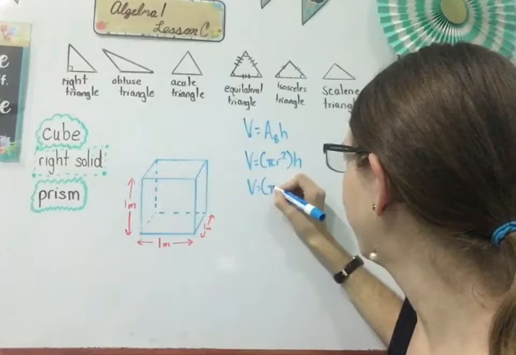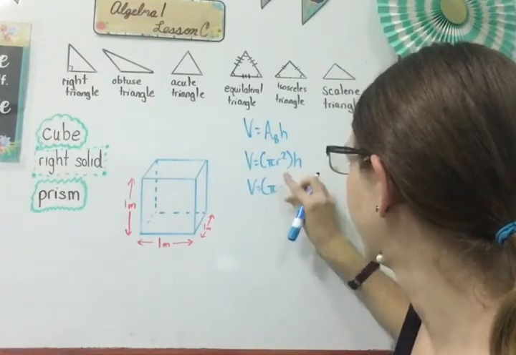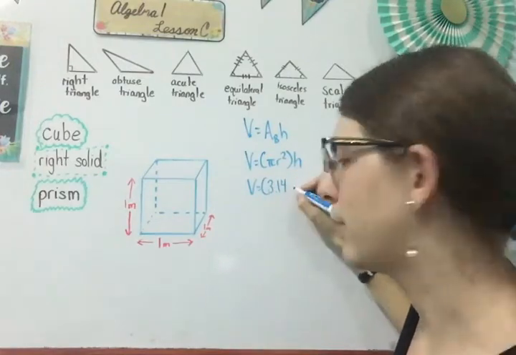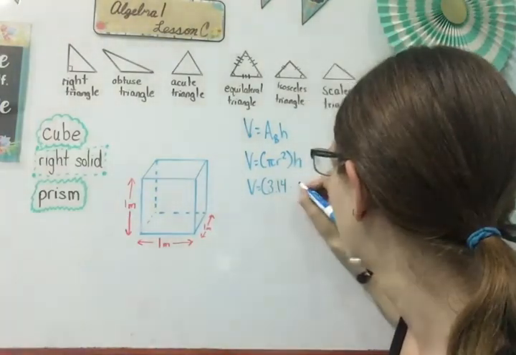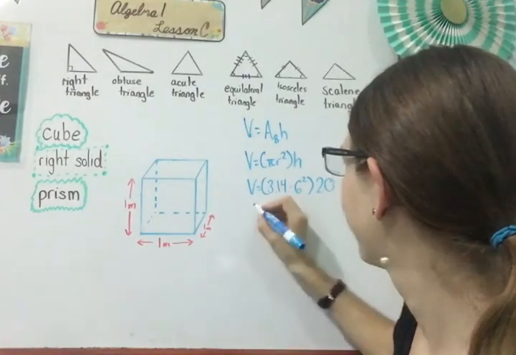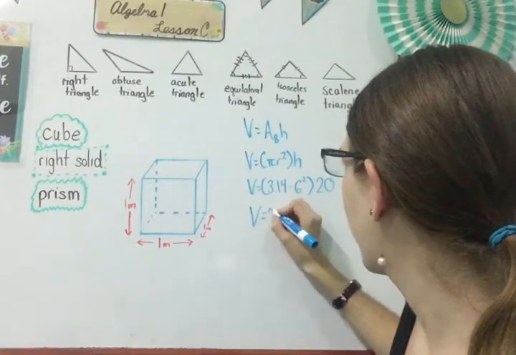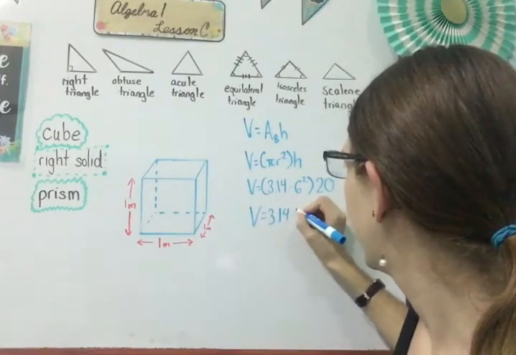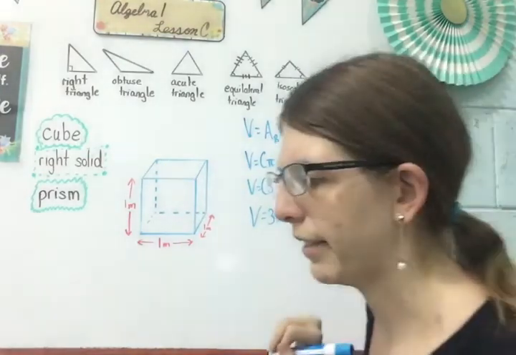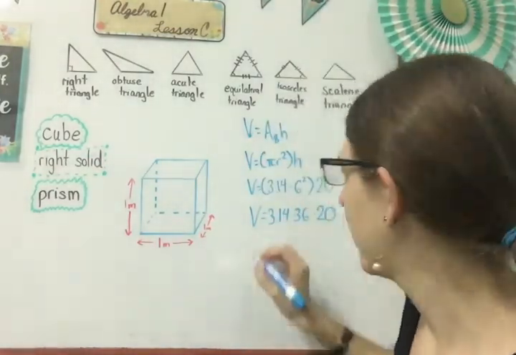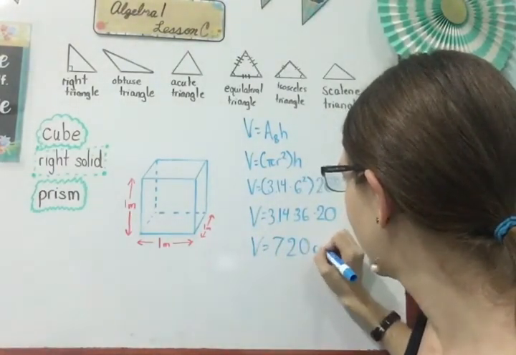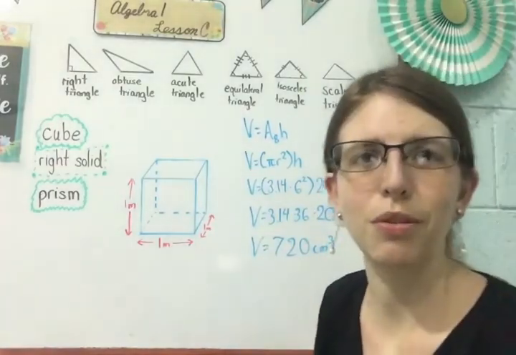So your volume is pi, which I'm going to go ahead and change right now to 3.14, times your radius, which is 6, squared, times your height, which you know is 20. 6 squared is 36 times 20. If you do all this math, you get 720 centimeters cubed for your volume.